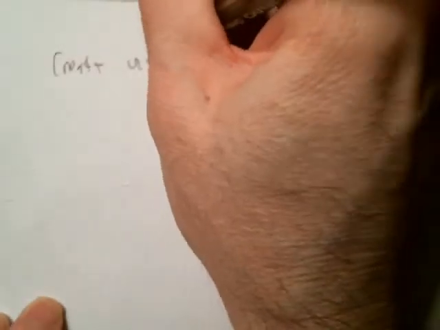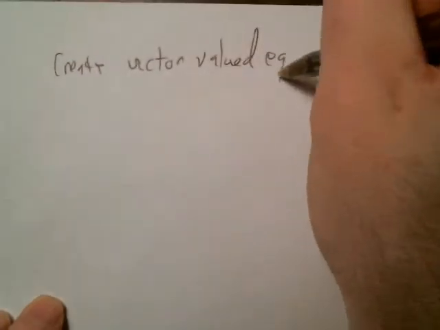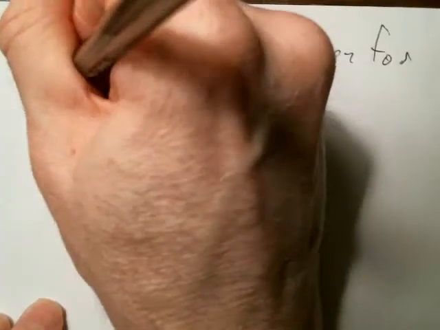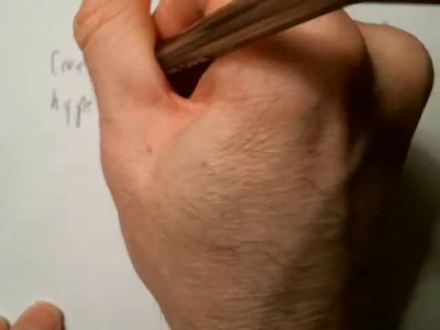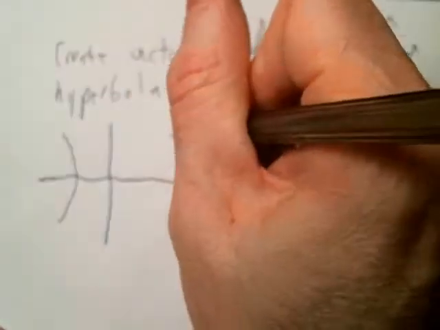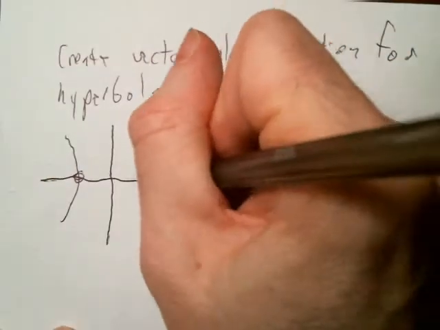In general, they'll ask you to do things like create the vector valued equation for something like a hyperbola. Okay, so they'll be giving it to you in the xy plane and trying to get you to put it into terms of some parameter, right? So maybe this is 1, 1.